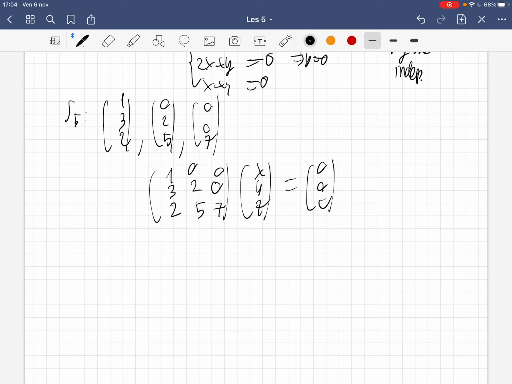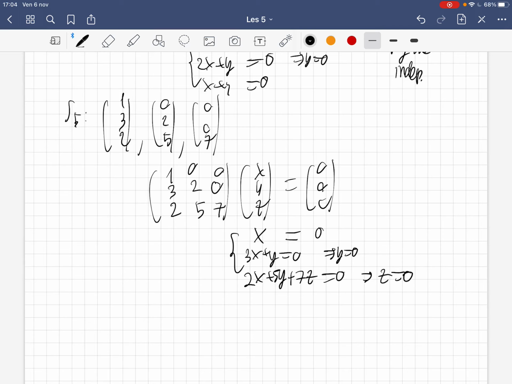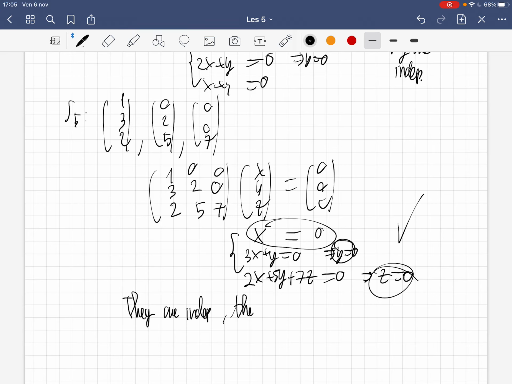Again, it's very easy. So you get x equal to 0, 3x plus y equal to 0, then you find y is equal to 0, and then you find again the last one is 0. So okay, they are independent. There are 3 vectors in R3. They are independent, so they generate. And this means that, by definition, they are a basis.